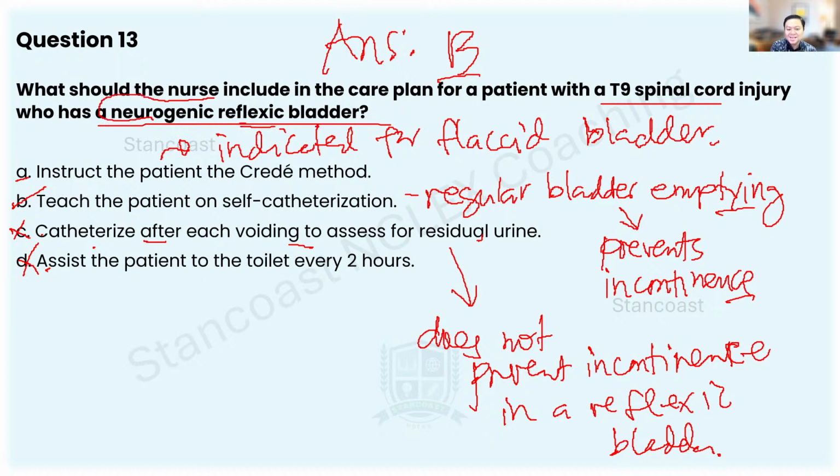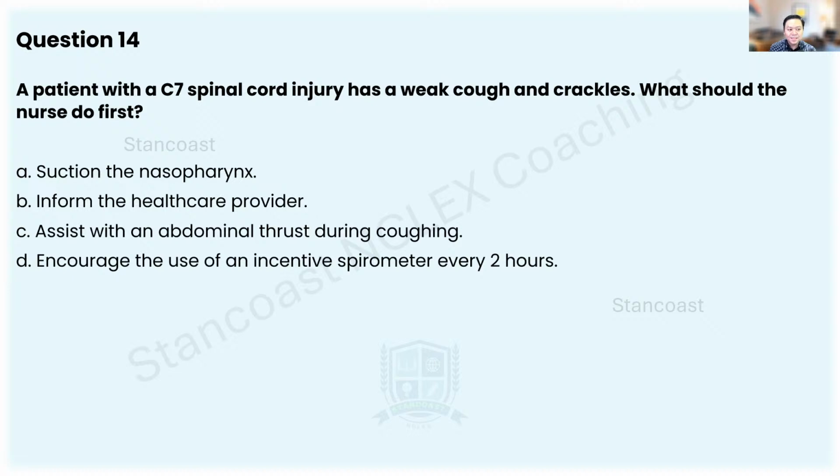This is a spastic urinary bladder. It will not be successful. If we were going to teach the patient to keep pushing their bladder with the Crede method, it's not going to work. All right. So catheterization would be the best answer here in order to properly empty the bladder and also to prevent the incontinence. Let's have number 14.